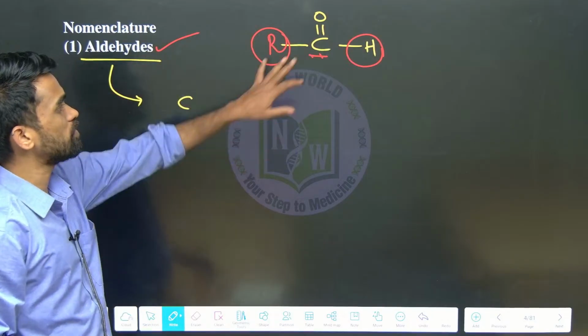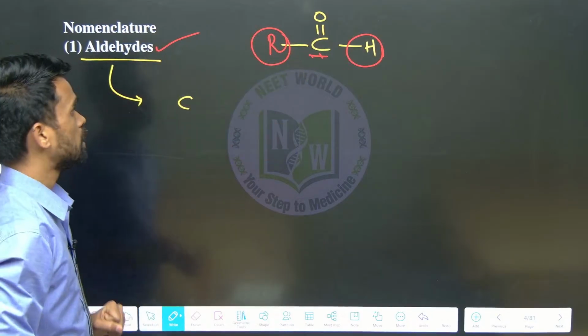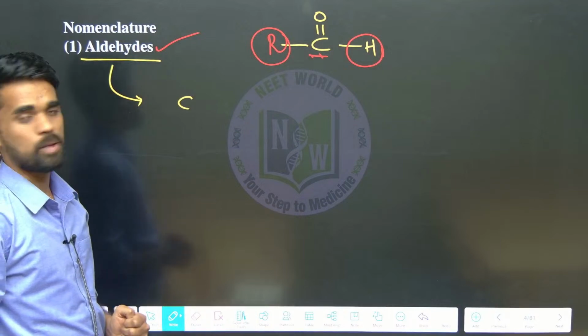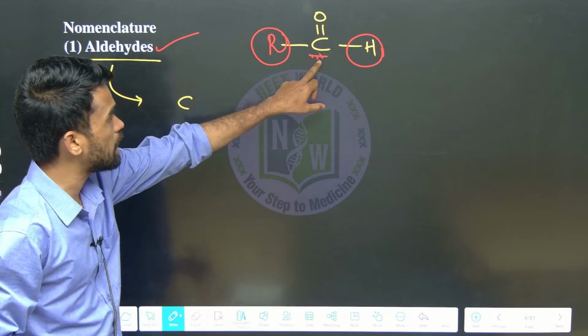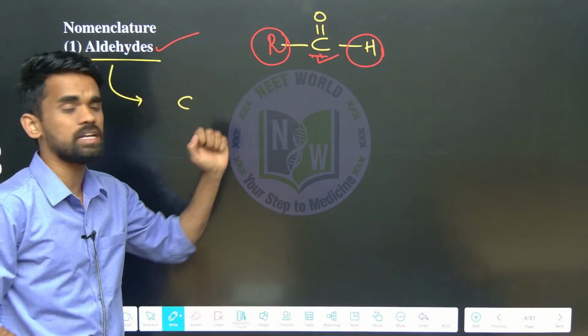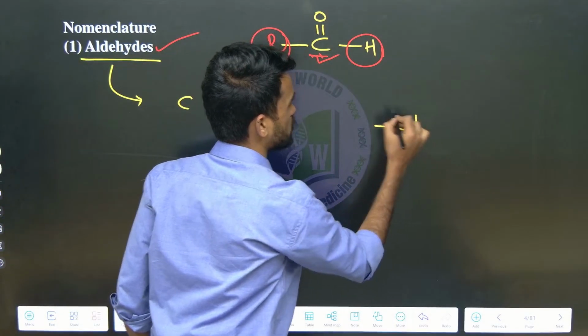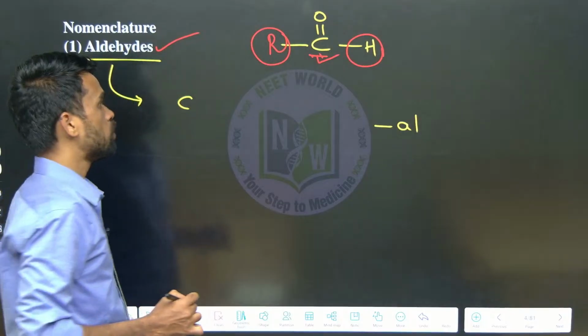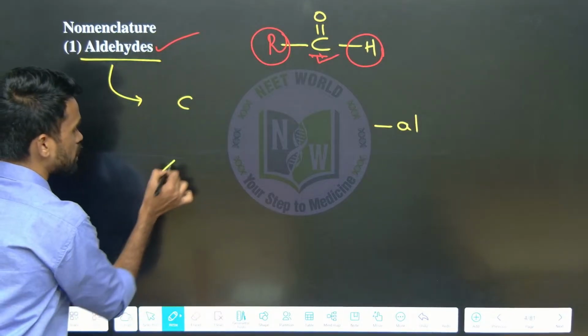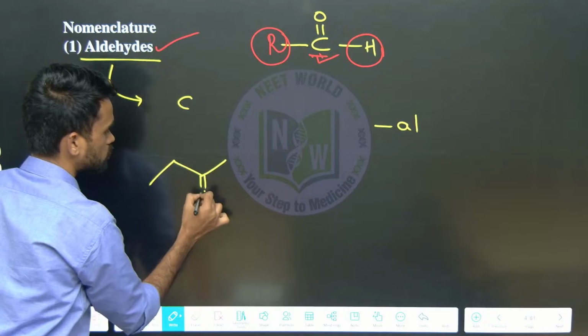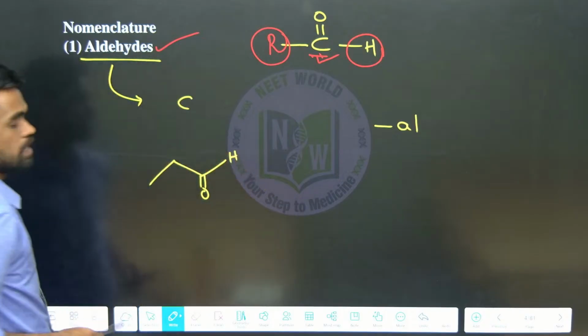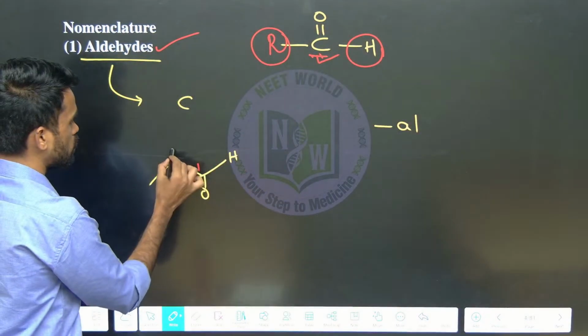Whenever there is an aldehyde like this, as per IUPAC nomenclature, we count the aldehyde carbon into the chain, and we end the name of the compound with the suffix 'al'. For example, here I am indicating: count the number of carbons, 1, 2, 3.